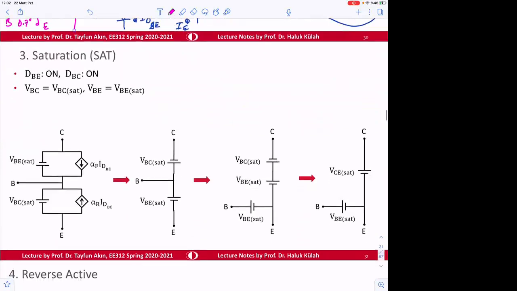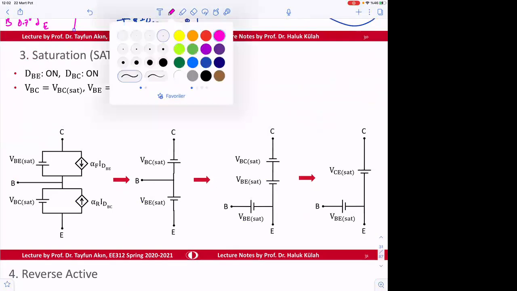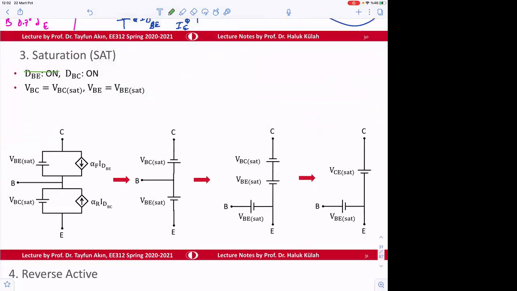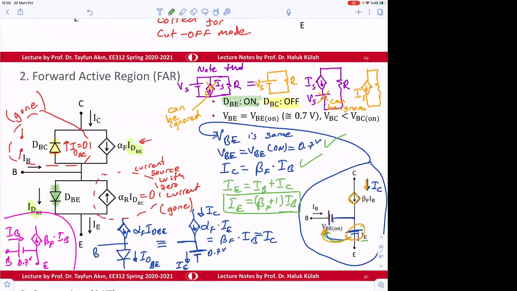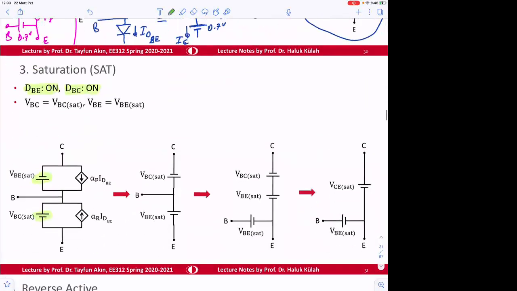Okay, so the third case is the saturation case. In the saturation, as you know, both of the devices are on. So this one is on, this one is on. As we mentioned here, if there is a voltage source parallel with current source, what do we ignore?